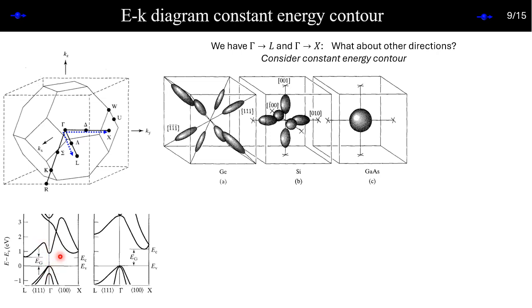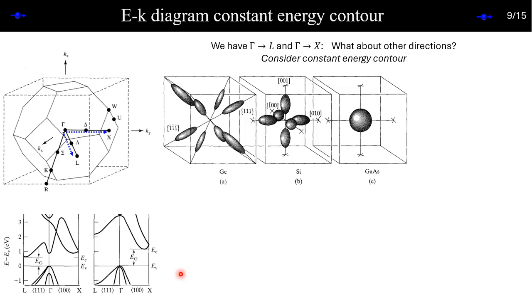Constant energy will be symmetric around the gamma point because it is direct. It is clear? That should not be that difficult. It is like a 3D version of a circle. If you have a square lattice, you get a circle. If I make a cube, you get a sphere. Something like that for gallium arsenide.